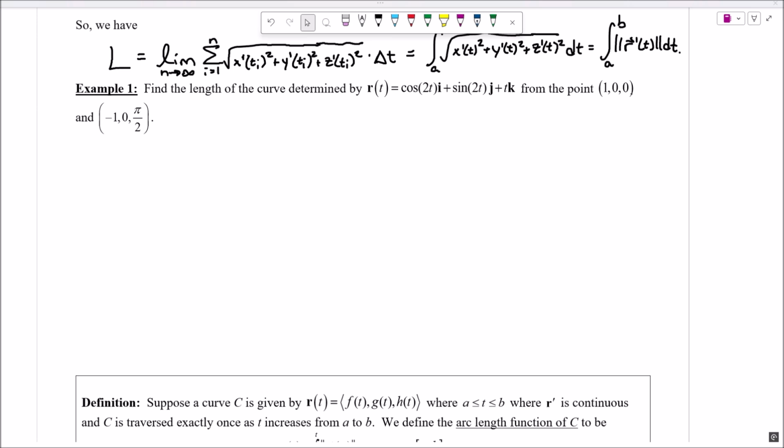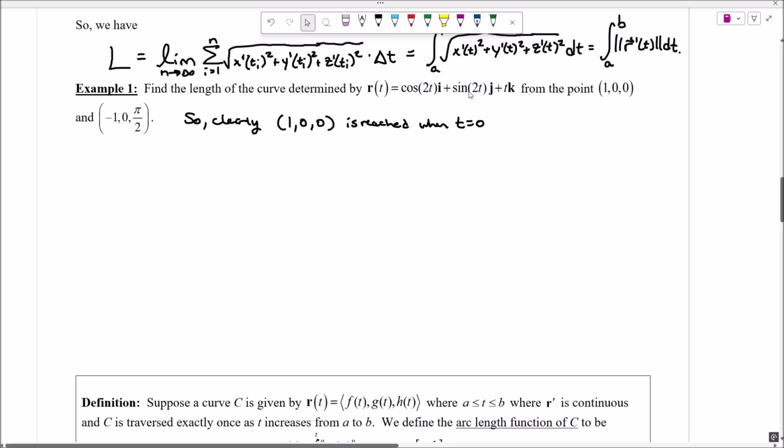So I can state here that clearly 1, 0, 0 is reached when t is equal to 0. And I can double check that it's going to work for the other coordinates. Sine of 0 spits out 0, cosine of 0 spits out 1.